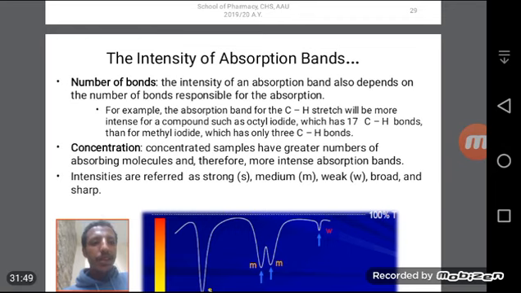Concentrated samples have a greater number of absorbing molecules and therefore more intense absorption bands. Intensities are referred to as strong, medium, or weak, or broad and sharp.